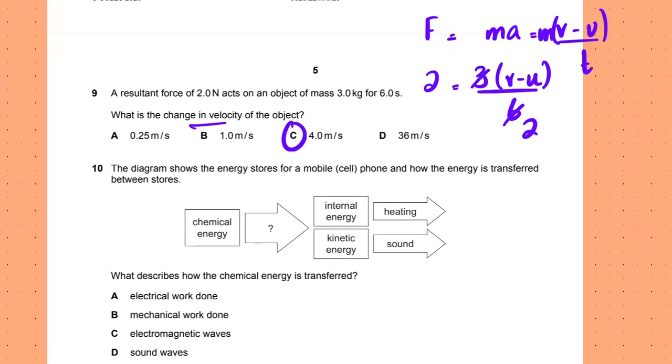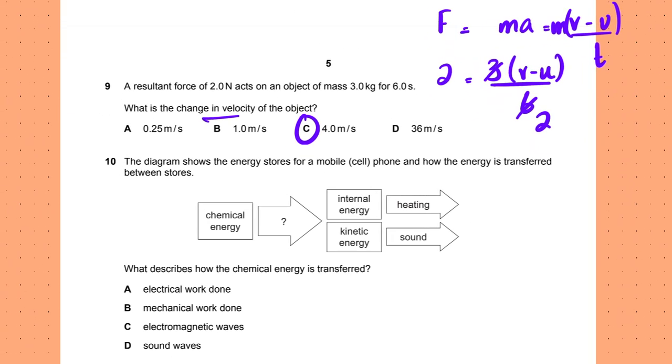Let's go on to another one. 10. The diagram shows the energy stores for a mobile phone and how the energy is transferred between the stores. So chemical energy becomes internal and kinetic energy, and it produces heating and sound. What describes how the chemical energy is transferred?